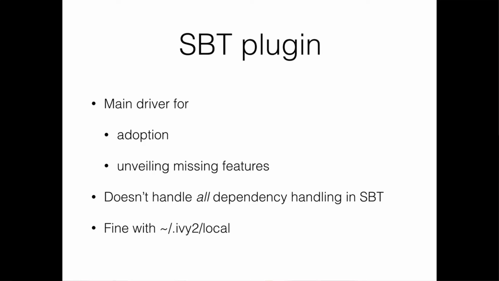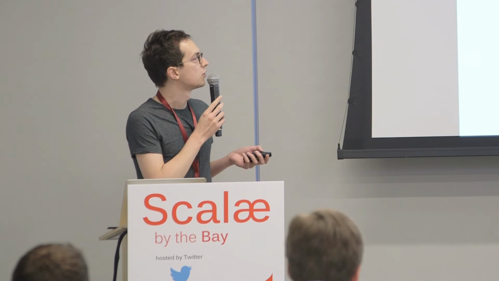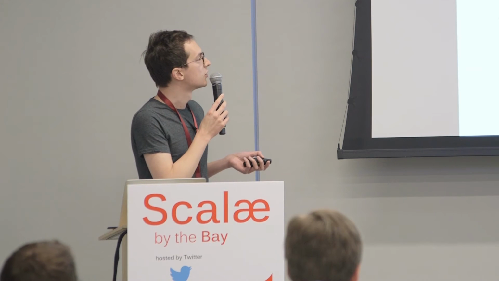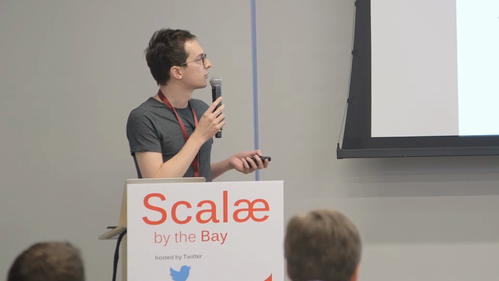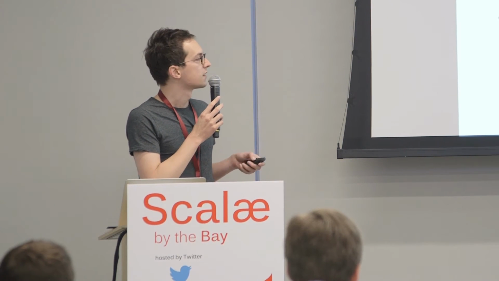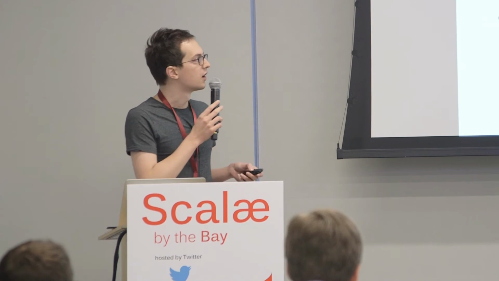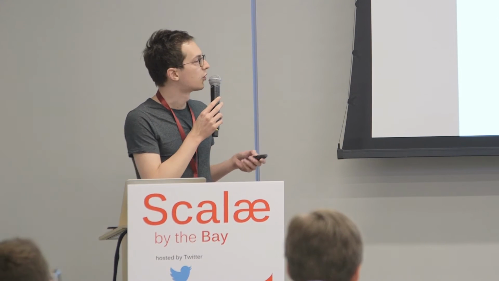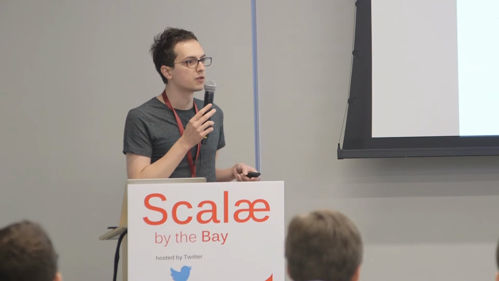It allowed us to unveil lots of missing features in Coursier, which were added in the meantime. That somehow postponed the 1.0 release of Coursier, but I'm confident that the 1.0 final will be released in a few weeks.